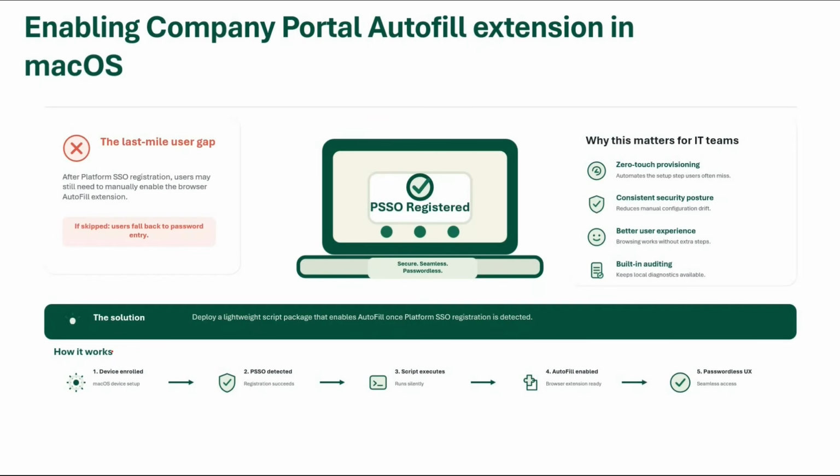That link has nothing but a script, and that script is going to check whether the device is enrolled, whether the device is already Platform single sign-on registered or not. And if it is, then it is going to check whether Company Portal Autofill is enabled or not. If it is not enabled, then the script is going to enable it. Plain and simple.